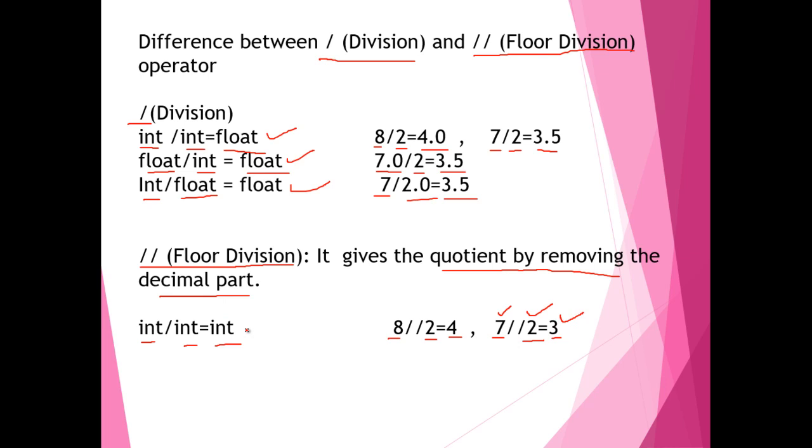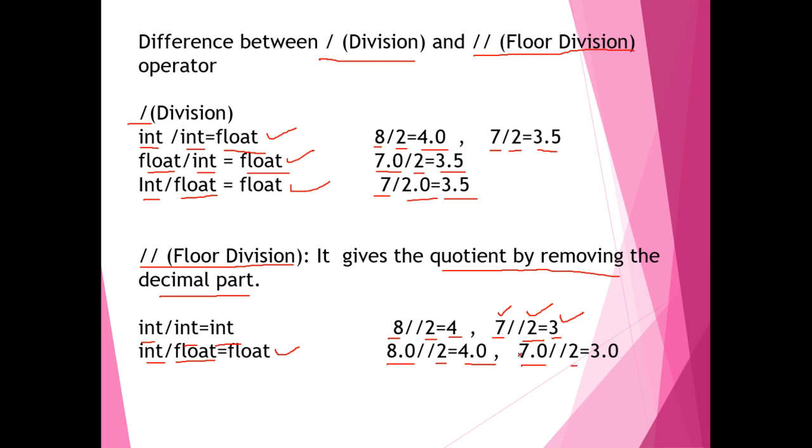But suppose I know that 7 divided by 2 is 3.5, and if I want to use floor division and I want the result to be in decimal, what can I do? If I write int floor division by float, then the answer will be in float. Like if we write 8.0 floor division 2, then we get the answer as 4.0. Similarly, if I want the answer in decimal, then 7.0 floor division 2.